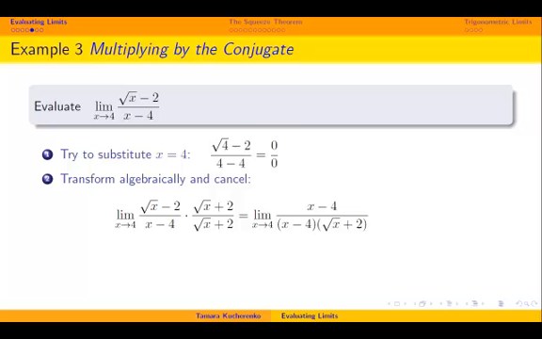Now we can cancel the common factor x minus 4 and get the limit as x approaches 4 of 1 divided by square root of x plus 2.